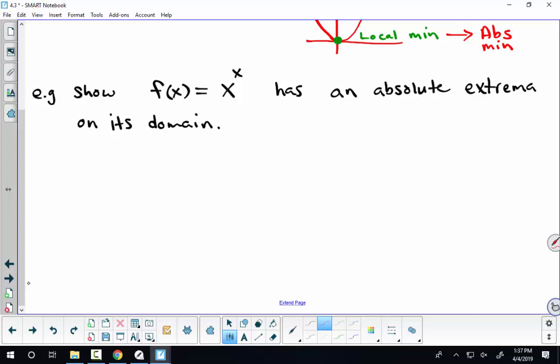So does anybody remember the domain for that? We talked about it when we were in the logarithmic differentiation section. What's the alternative way to write x to the x?